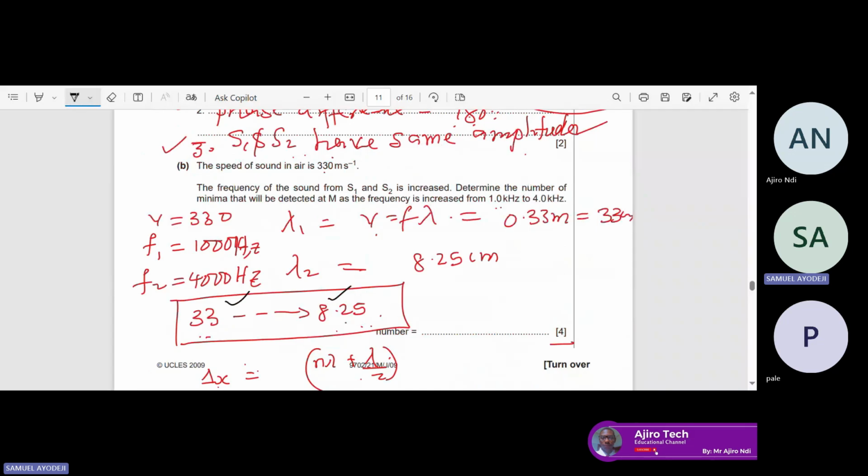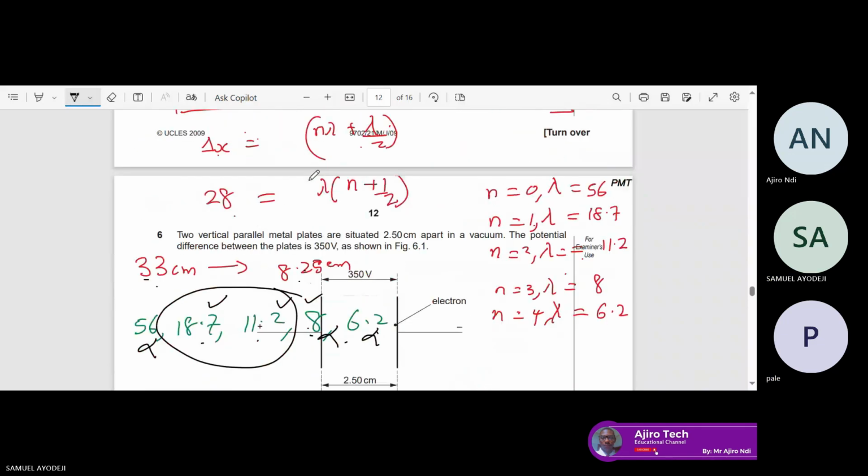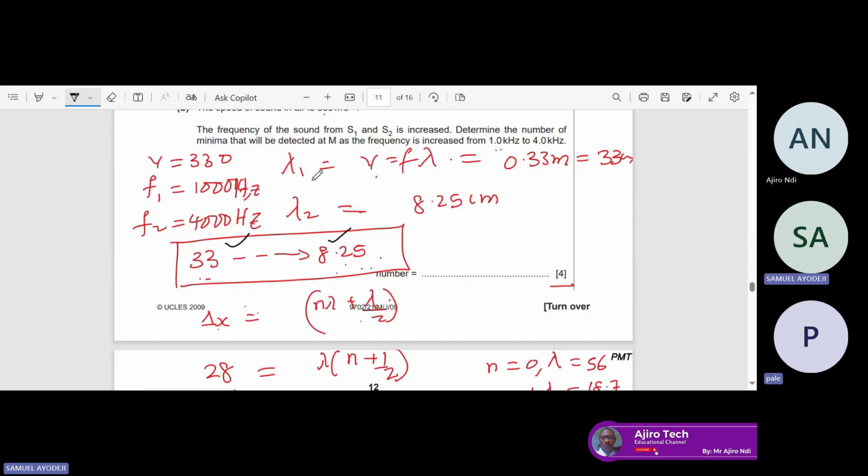Maxima means constructive or bright fringes. Maxima is constructive, constructive interference or bright fringes. Minima means destructive or dark fringes.